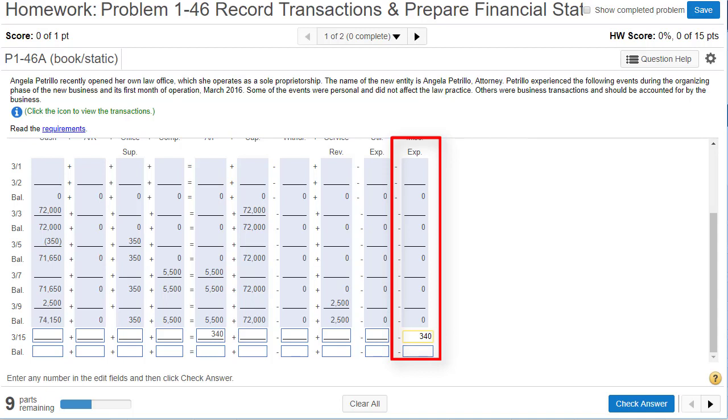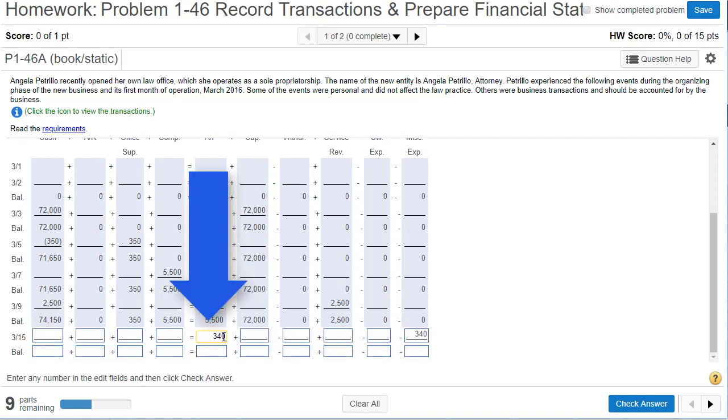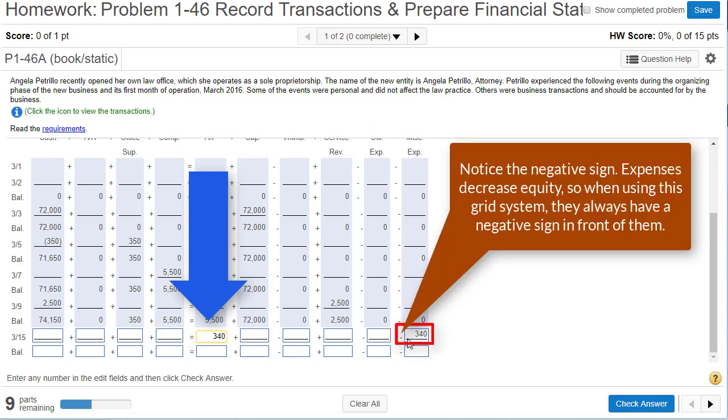Now, before we move on, we should double check that the two accounts have an equal effect on each side of the accounting equation. On the left side, we have 0. So this means we'll need to have a net amount of 0 on the right side. So on the right side, we have positive $340 under accounts payable. And then we're going to subtract $340 under miscellaneous expense.